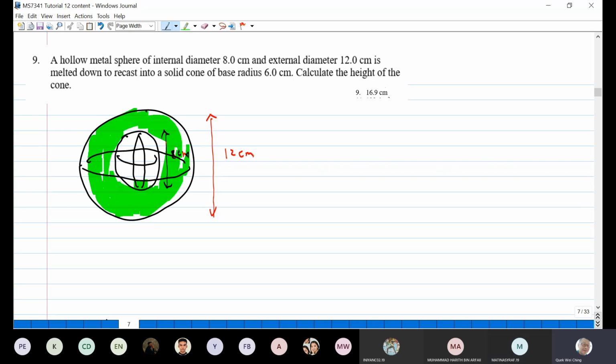So you find the inside volume of the hollow sphere. You take the big sphere minus the small sphere, then you get the volume of the hollow sphere. What is the formula for a sphere volume? It is 4/3 pi r cubed.